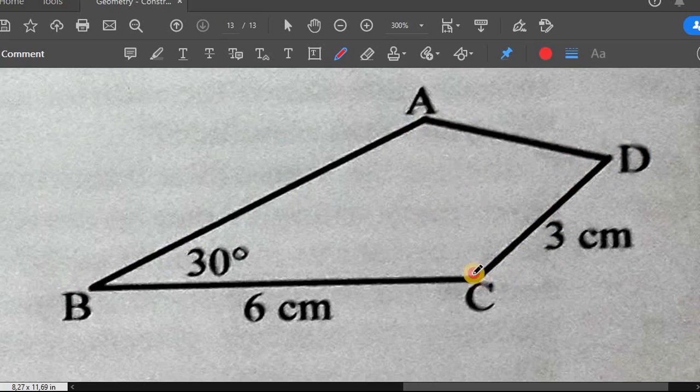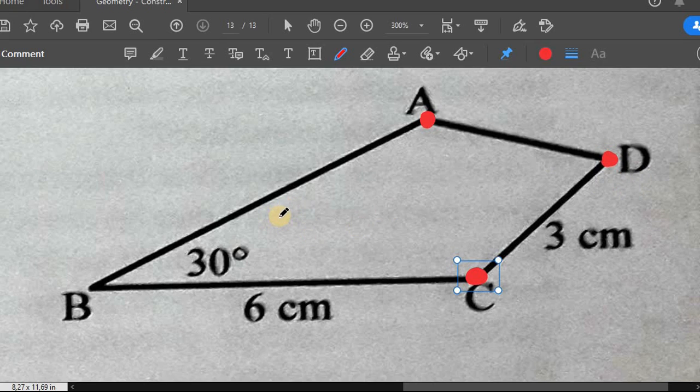From here draw a 3 centimeter line, circle the arc, and where they intersect will be point D. Right, you can draw that.